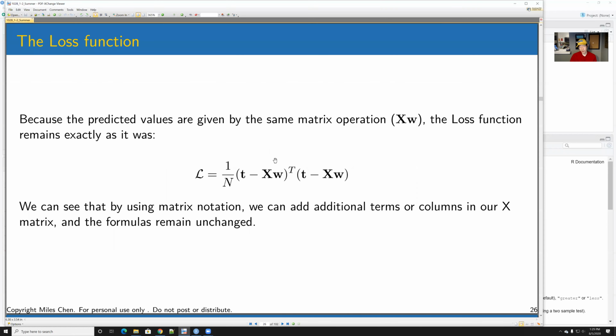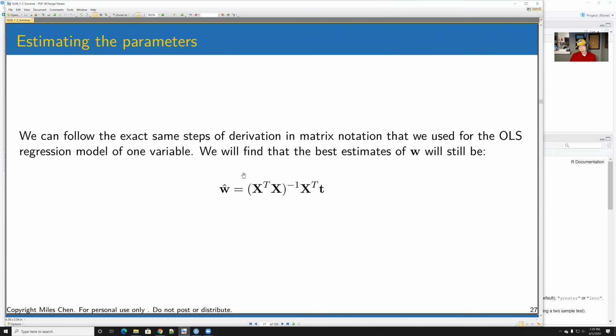Here in matrix notation, my solution for W hat remains exactly the same: X transpose X inverse X transpose T. I don't have to worry about finding additional partial derivatives and setting them equal to 0.